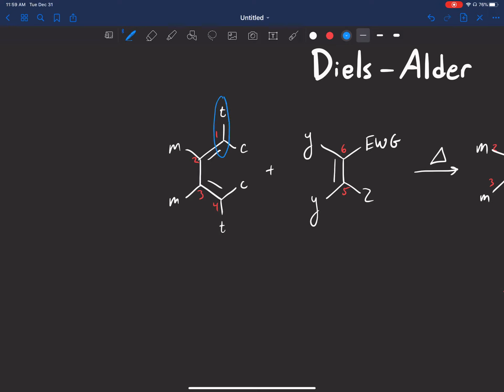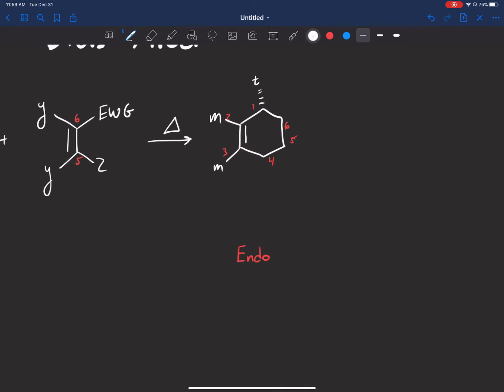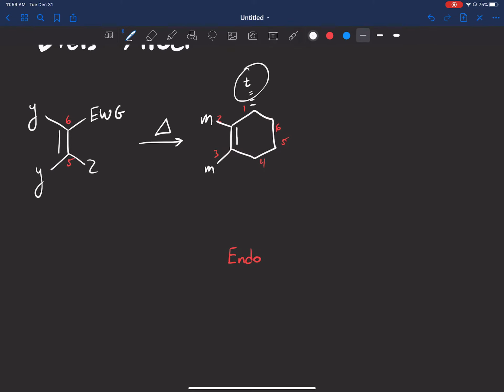These trans groups are on the same side relative to each other. When we say they're trans, we mean if you compare this trans group to this double bond, yes, it's trans to the rest of the diene, but it is still on the same side as the other trans group, so they must have the same stereochemistry. So if I make this guy dashed, the trans group on carbon 4 must also be dashed.